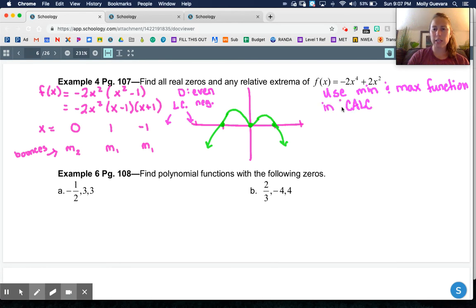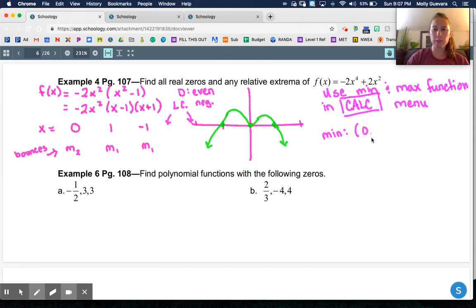You just go second trace or second calc, and then you can find the minimum and the maximum. So here's a relative minimum, and then I have two relative maximums, and if you actually graph on your graphing calculator, these are actually at the same height, so there's really only one maximum. But double check to make sure that you guys are doing it right.